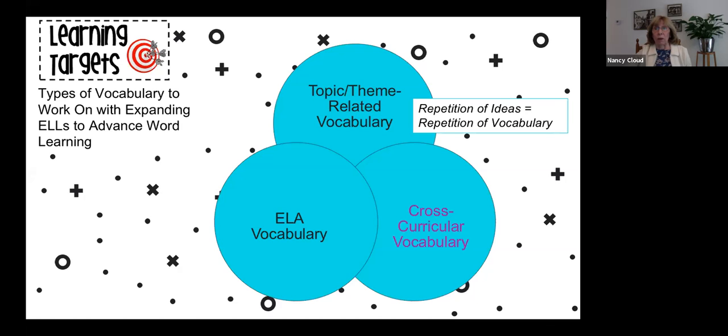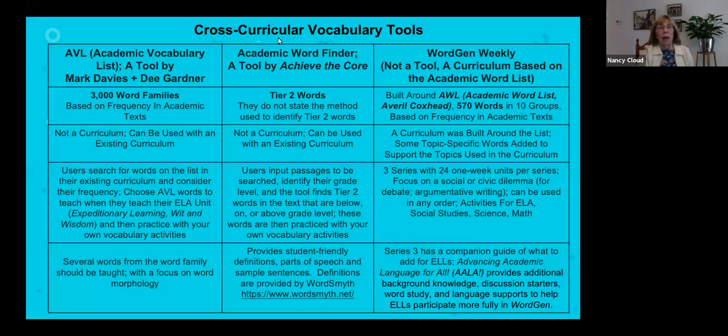So we want to help kids with that, to learn synonyms. What I'm going to focus on right now is that cross-curricular vocabulary, and that's because I want to remind you that what I chose to look at was the academic vocabulary list and the Achieve the Core's academic word finder.